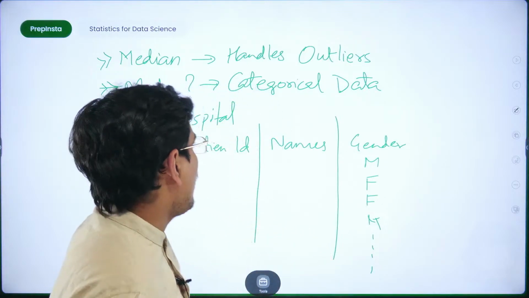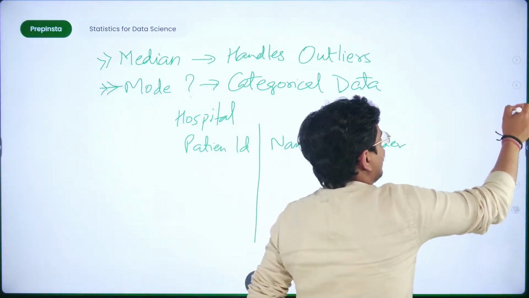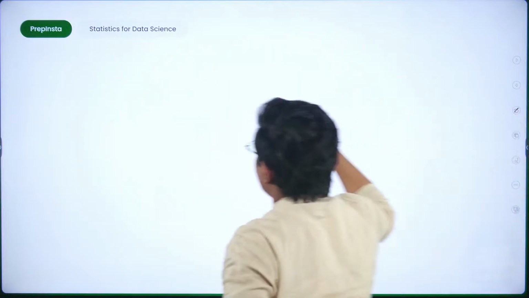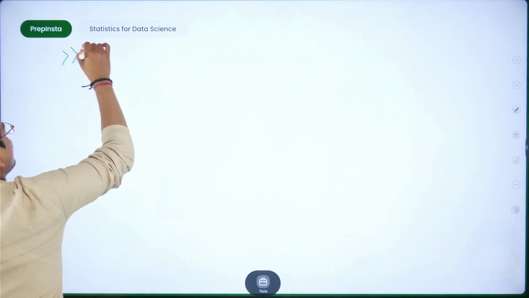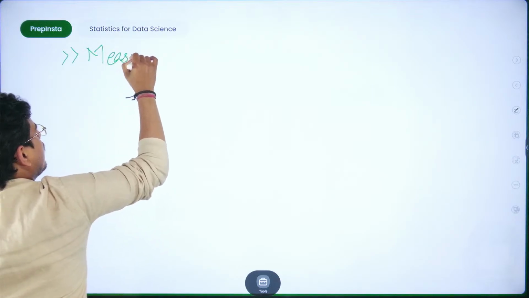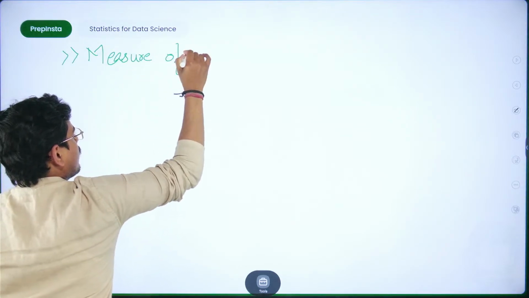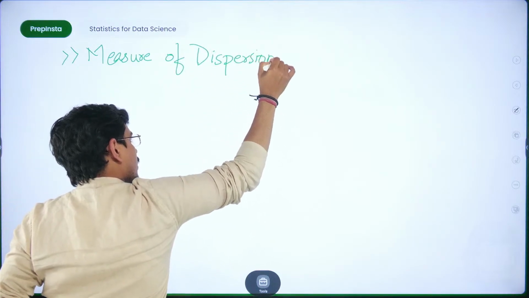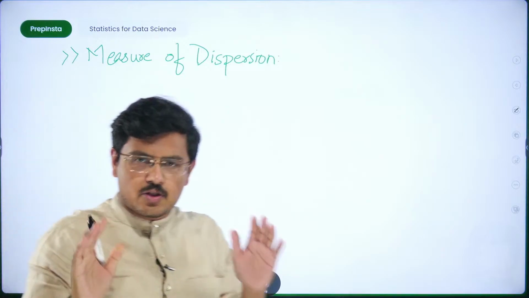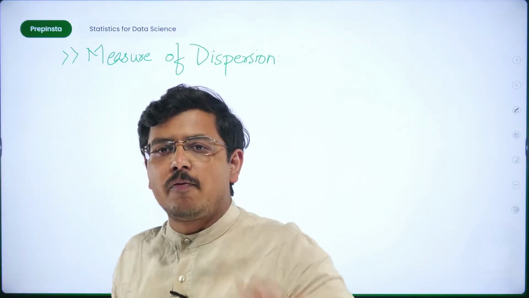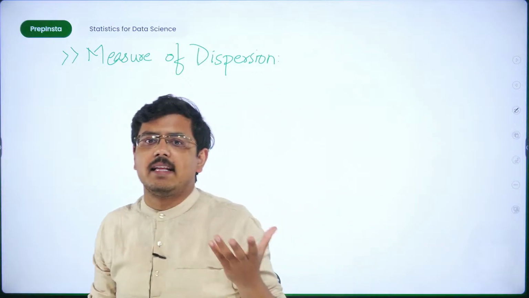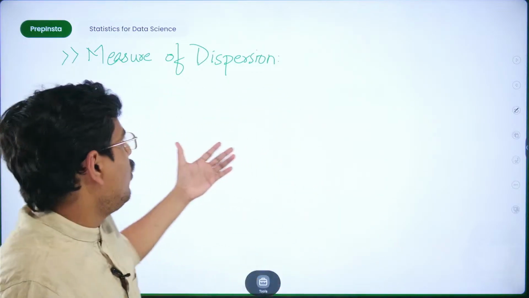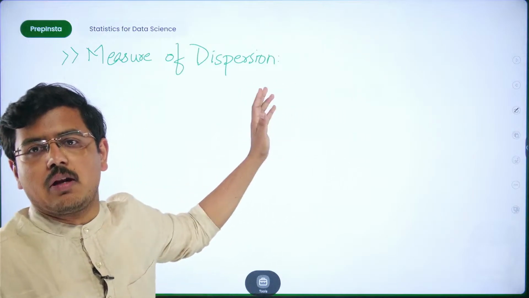Fine. Now let's understand today's topic, which is nothing but measure of dispersion. Before going to tools, like we went to mean, median, mode after understanding what central tendency is, now we'll understand what dispersion is.